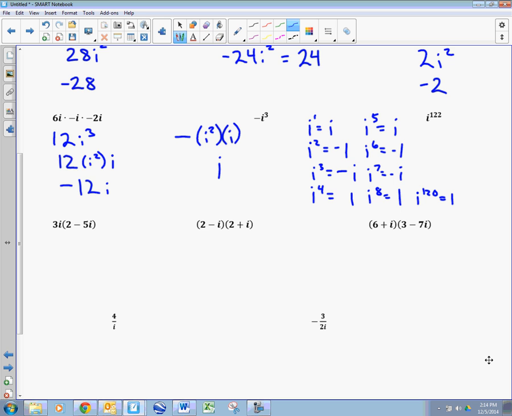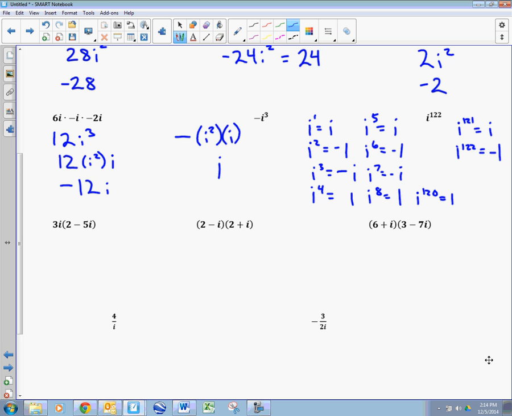What would i to the 121st be? And i to the 122nd, negative 1. So if it's even, you know it's either going to be negative 1 or positive 1. If it's odd, you know it's going to be i or negative i. But you have to have a rhyme or reason to figure out which it's going to be.